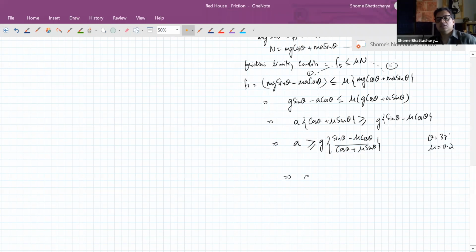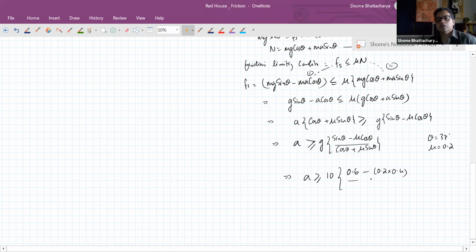So this will tell us that a is greater than or equal to 10 into sin theta, which is 0.6, minus mu cos theta, which is 0.2 into 0.8, divided by cos theta, which is 0.8, plus mu sin theta, that is 0.2 into 0.6.